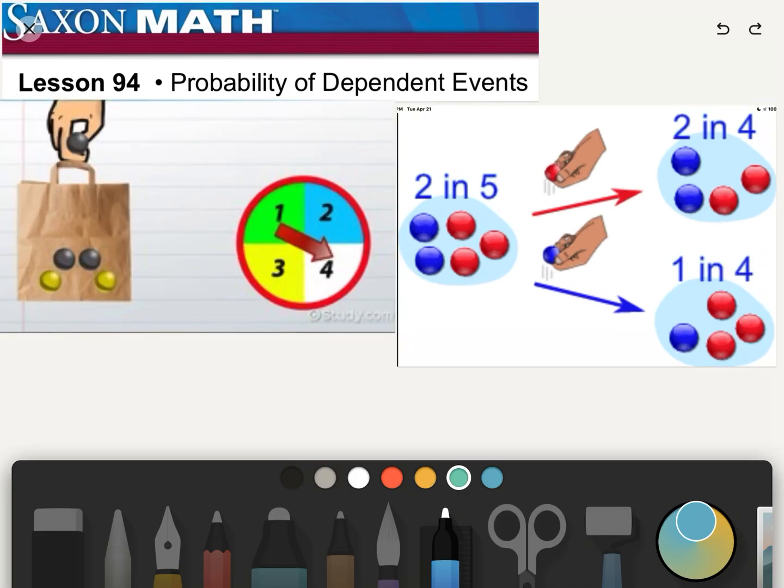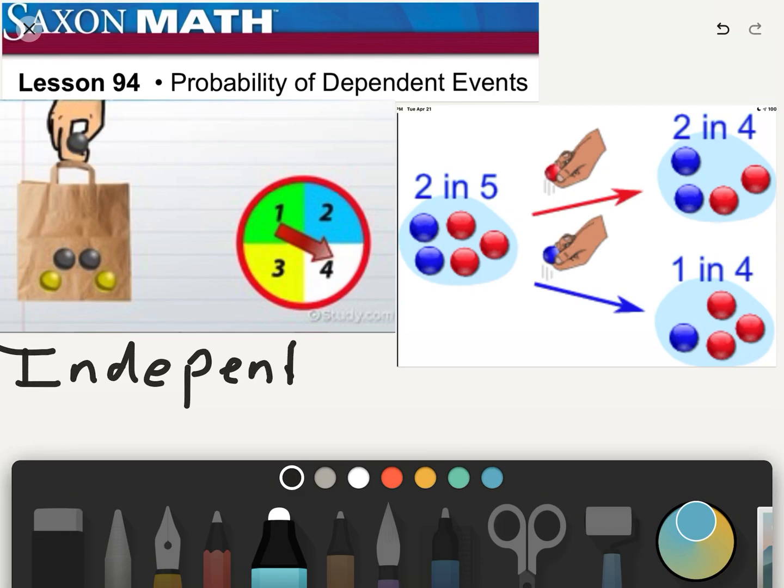So we'd say these are independent of each other. These are independent events that we are still trying to figure out the chances of both happening, but they do not affect each other.